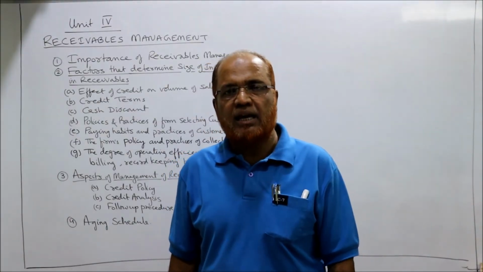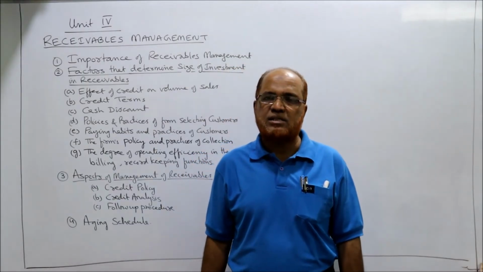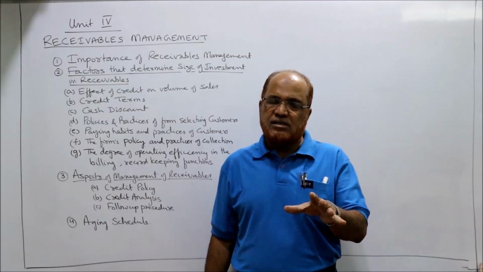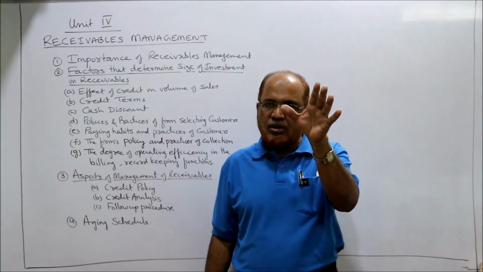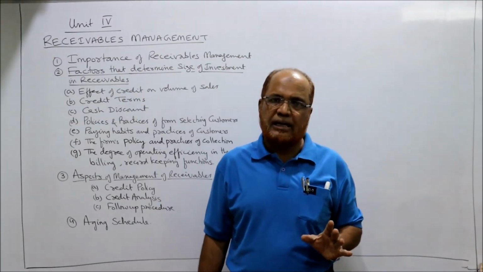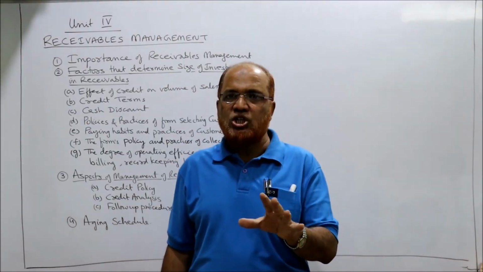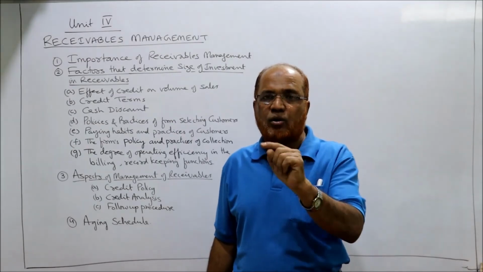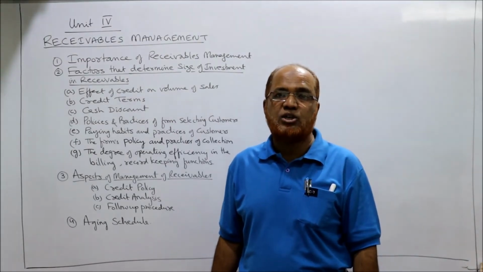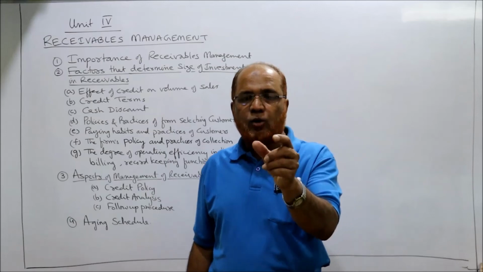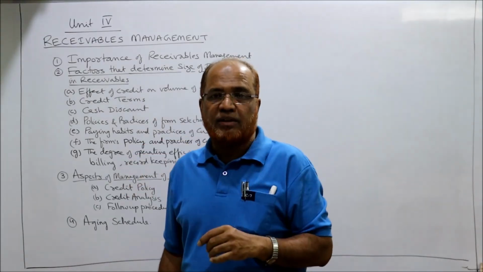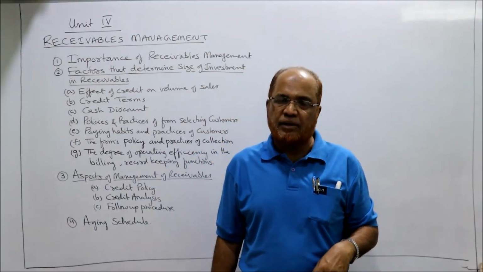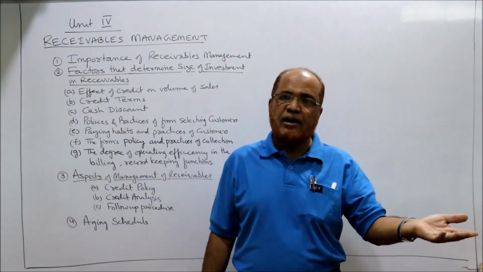Apart from that, by making the aging schedule we can be able to estimate how much bad debts will be there. Simple example I'll give you. Suppose a business organization is there in which 10 lakh rupees are the total debtors. By making the aging schedule, we can say that in that 10 lakh rupees, 8 lakh rupees are due for more than 8 months, whereas 2 lakh rupees are due for less than 8 months. और एक business है, इसका completely reverse है.